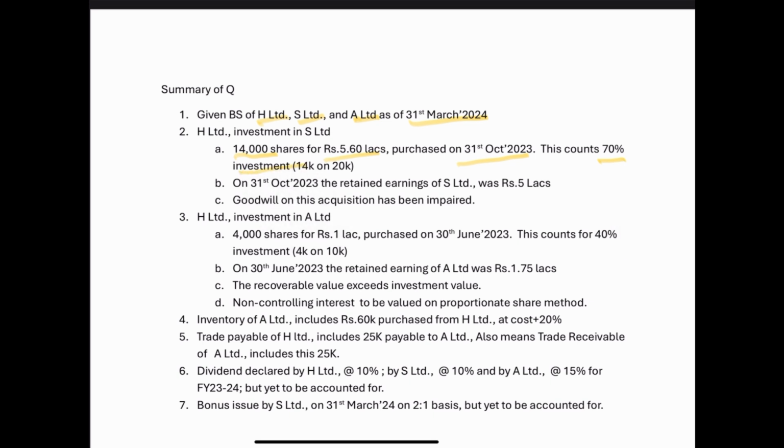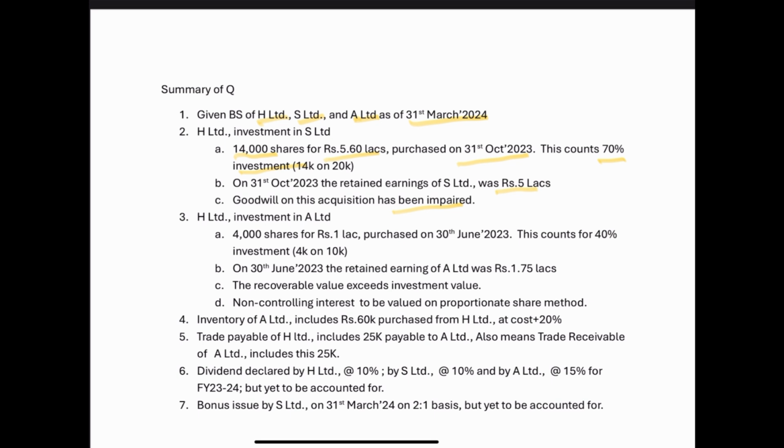So 70% of S Limited is held by H Limited, and the remaining 30% is the non-controlling interest. On 31st October 2023, the retained earnings of S Limited were 5 lakh rupees. It is also given that goodwill on this acquisition has been impaired. So these are the information given in the question.